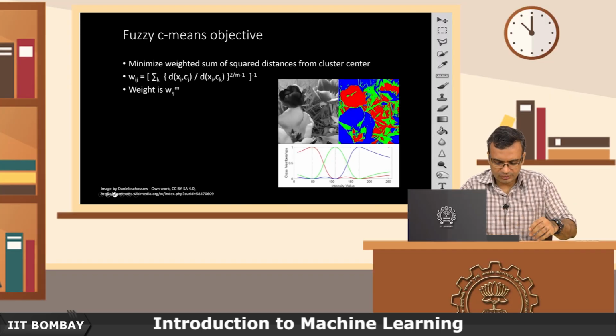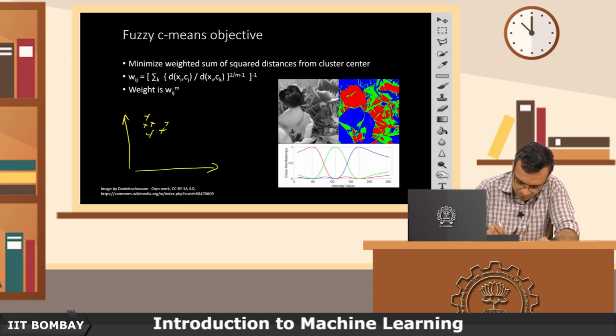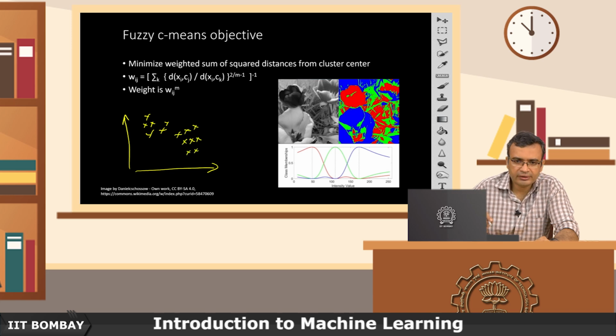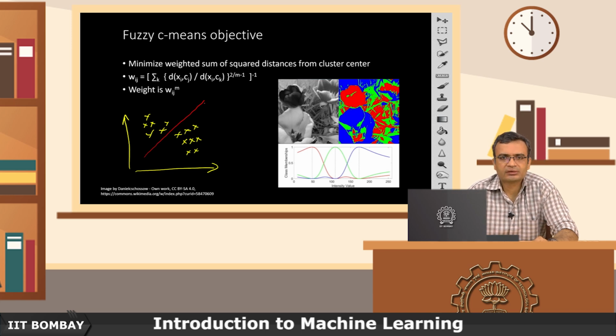Right. So if we want to visualize this in 2 dimensions, if we have a bunch of points here and we have a bunch of points here, the clustering membership will basically give us a hard boundary. Okay, it will give us a hard boundary like this between the two clusters, if k is equal to 2.